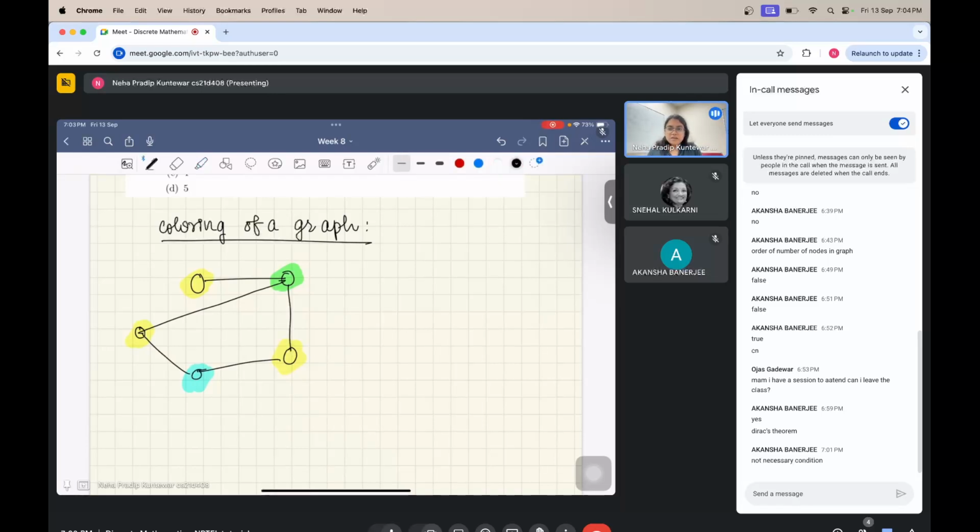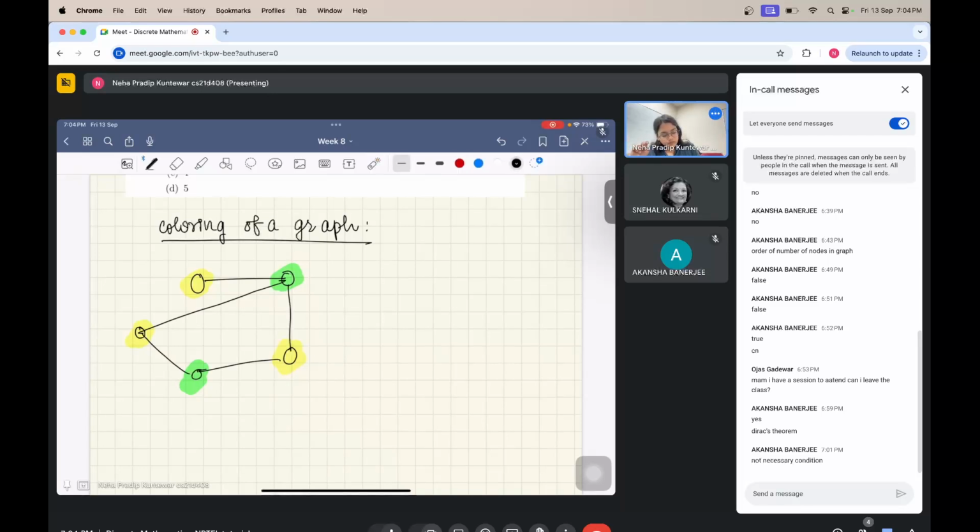But I want to use as few colors as possible. So in this case, I could just cleverly reuse the color. I could reuse this green color here because this vertex does not have a green neighbor. Had there been this one more edge, then I would have needed more colors. But in this case, I don't need.